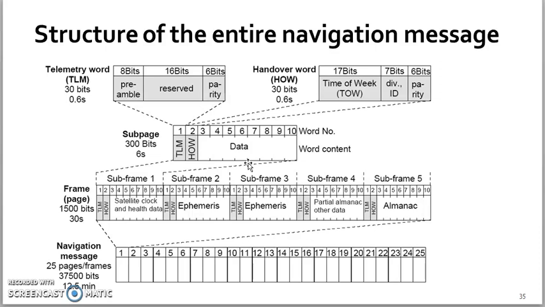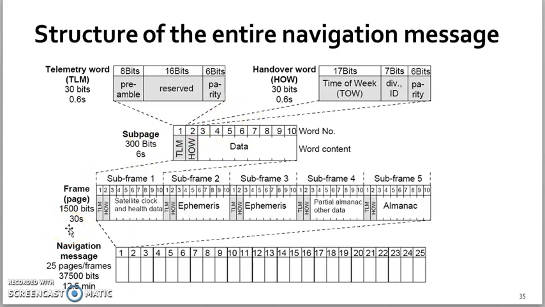In the case of subframes 1 to 3, the information content is the same for all 25 pages. That means the receiver has the complete clock values and ephemeris data from the transmitting satellite every 30 seconds. So this one, we have data transmission there.